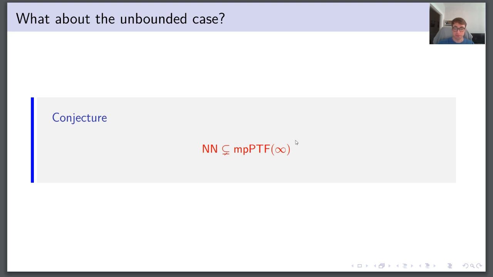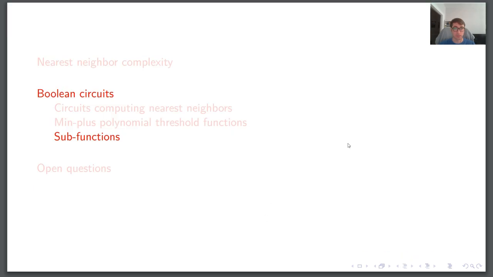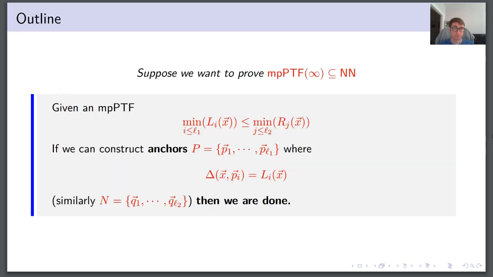But such a result for real anchors and unbounded weights, we haven't been able to prove, but we do suspect that it holds. But okay, so suppose we wanted to prove that the conjecture didn't hold, that MPPTF infinity was contained in NN. Then what we would want is to be able to transform any given MPPTF into a corresponding NN representation of the same function.